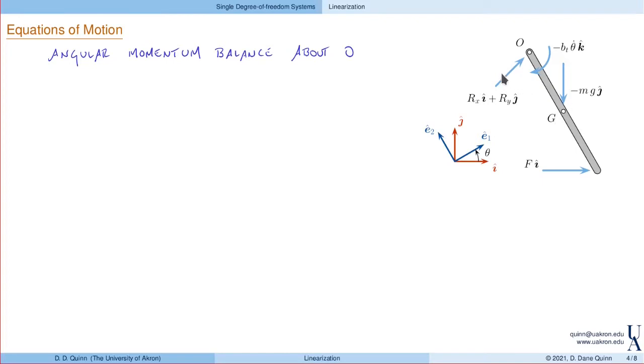However, if I do that, I will have moments from this reaction force that will be introduced. If we have an object that's rolling on the ground, we can take angular momentum balance about the contact point. That is not the case here. But our last case is if we have a point that is fixed in the ground. So O is fixed in the bar and is fixed in the ground.